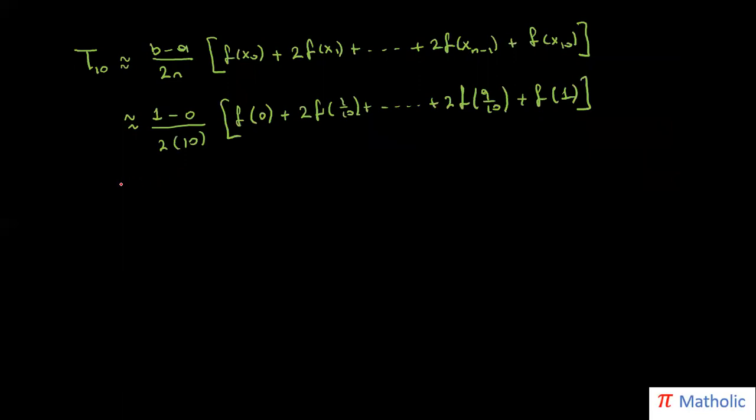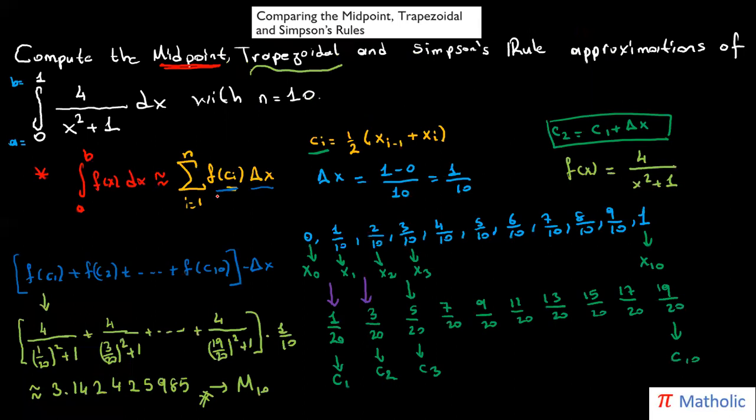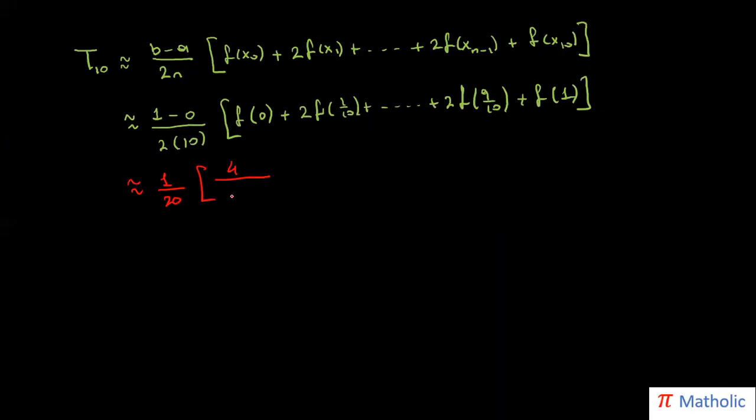So we're going to calculate this one. This is 1/20. And f of 0 means you go to the function. Instead of x, you're going to write 0, right? Here is our function, 4 over x squared plus 1. So this is going to be 0 squared plus 1.